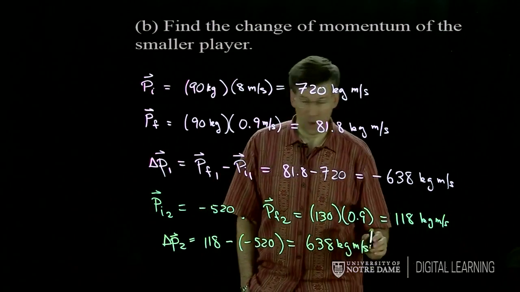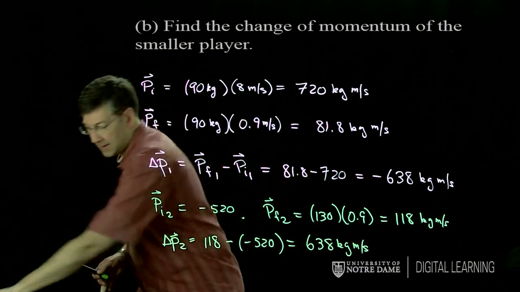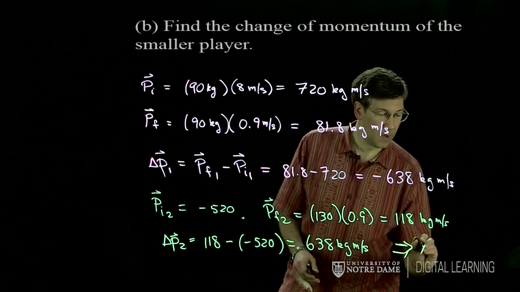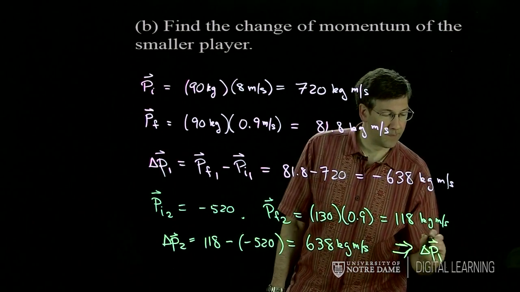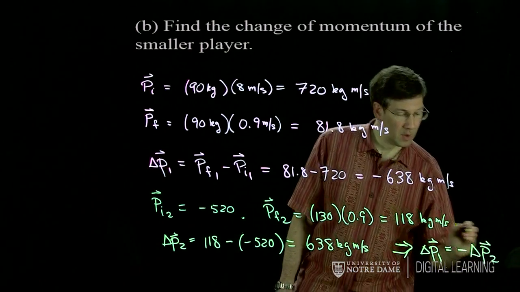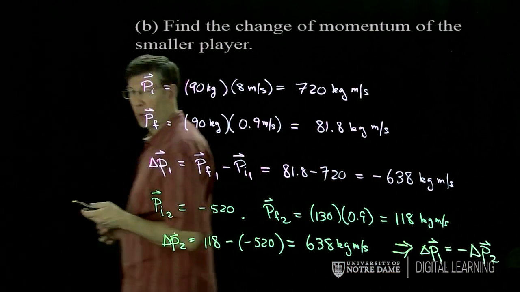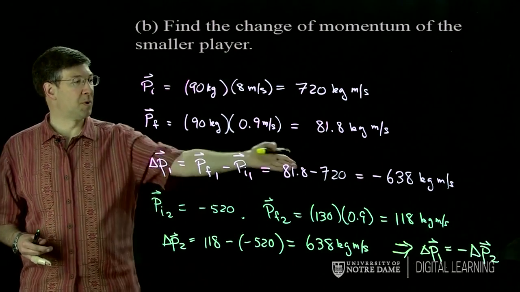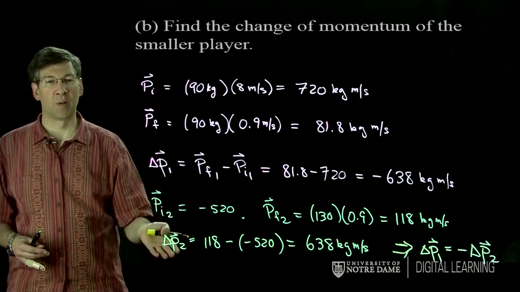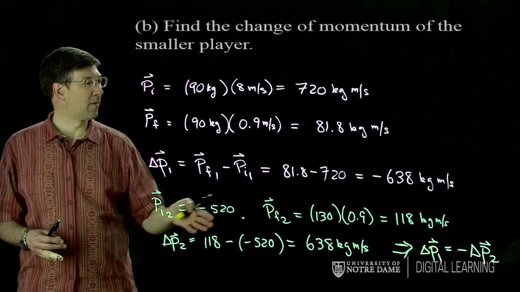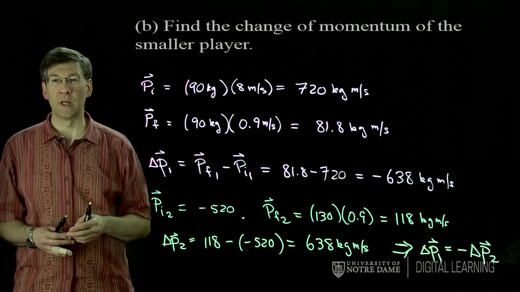And so it is true, in fact, that the change in momentum of player 1 is equal to minus the change in momentum for player 2, which has to be true if the total momentum of the system is constant. So this was useful to calculate, and it's useful to cross-check and make sure that if we do the same thing for the second player, we get a negative of the first answer so that the changes are equal and opposite.